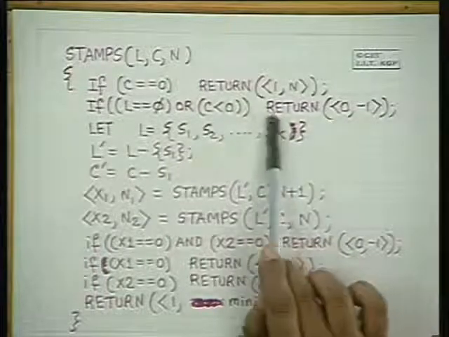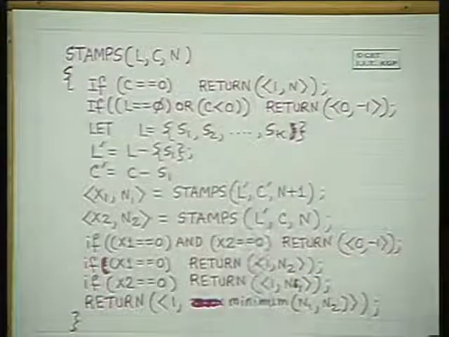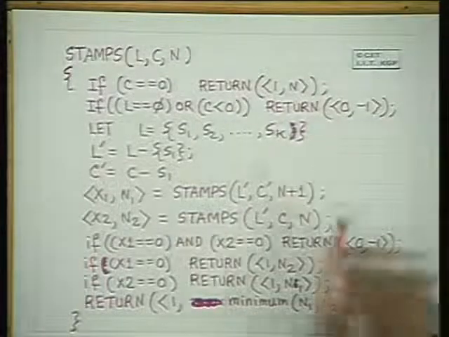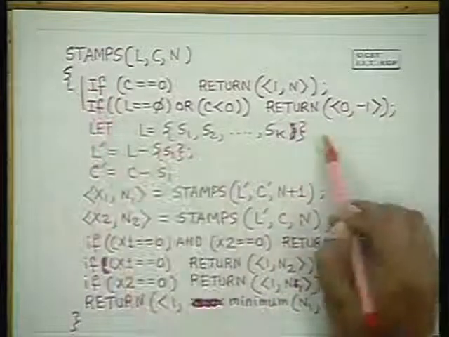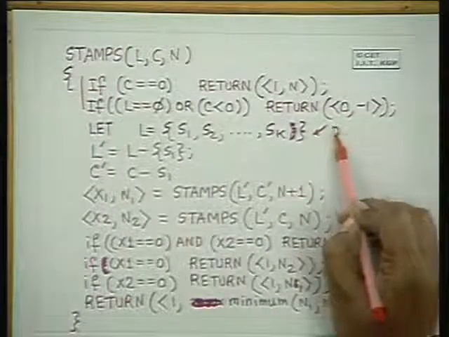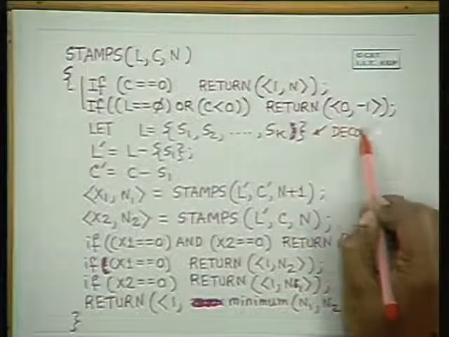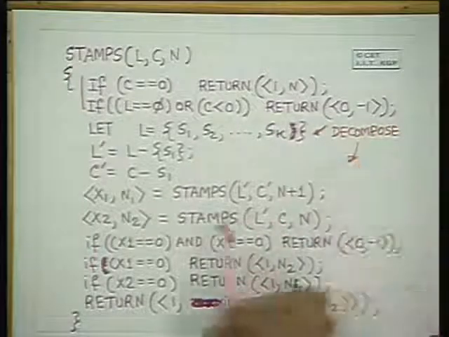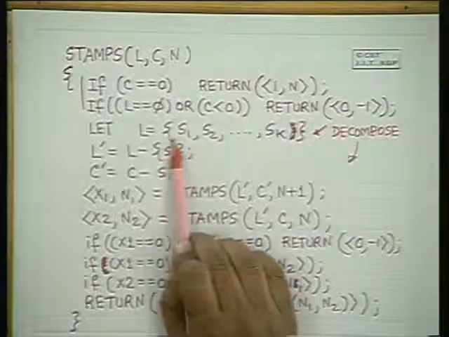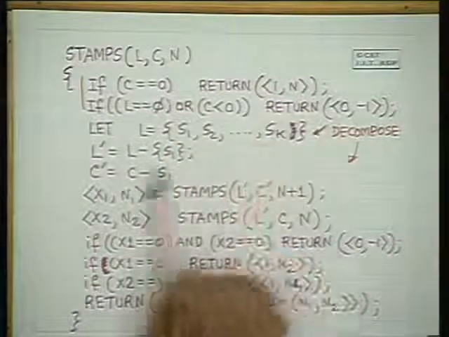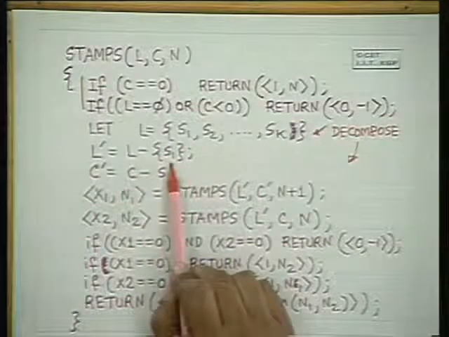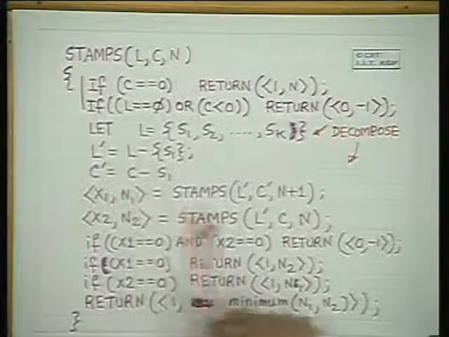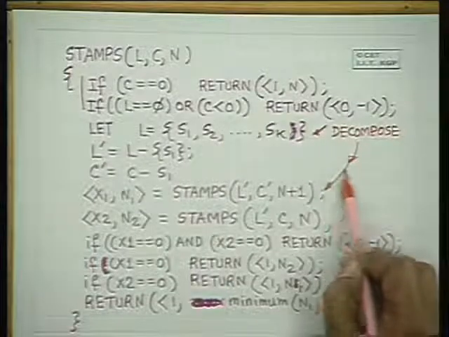And if these two are not true, you go into the inductive part of the whole definition. That is, these two are the base conditions, and from here you decompose. Let L be S1 to Sk, L dash is L minus S1, C dash is C minus the value of S1, and here are the two decompositions.